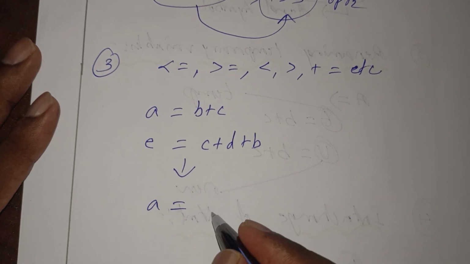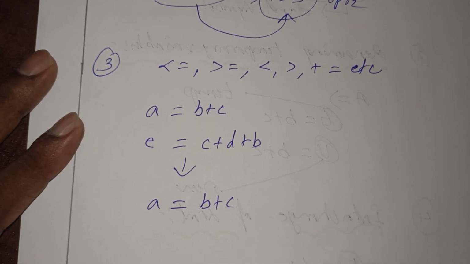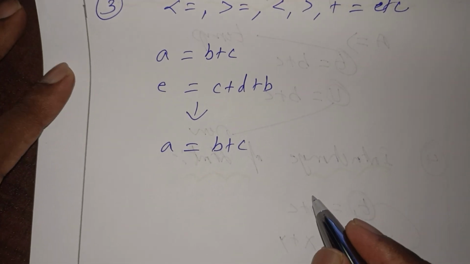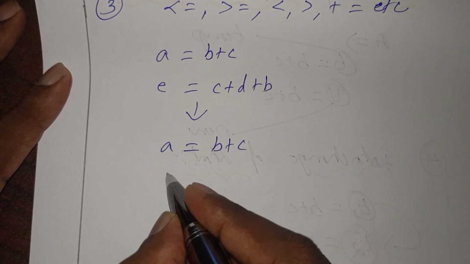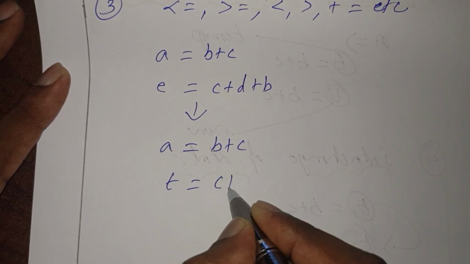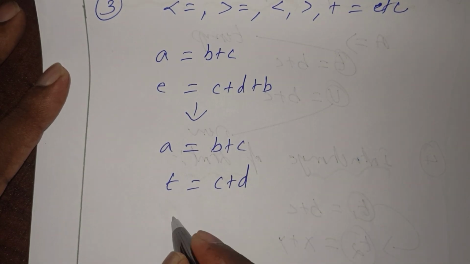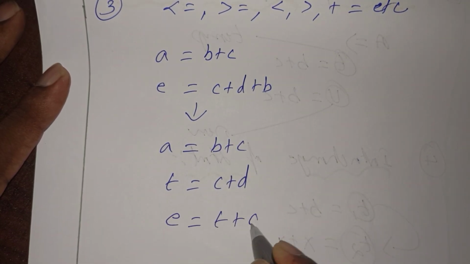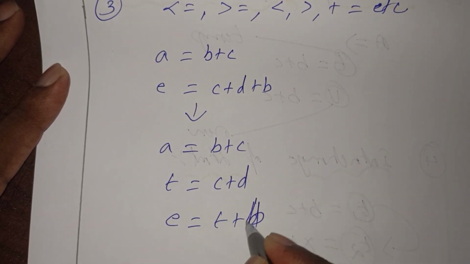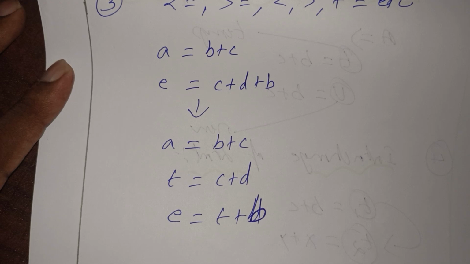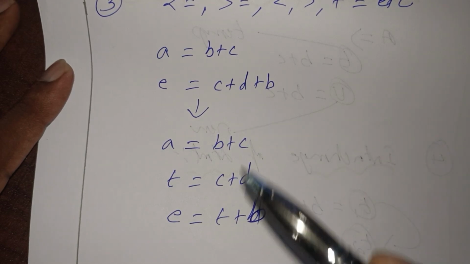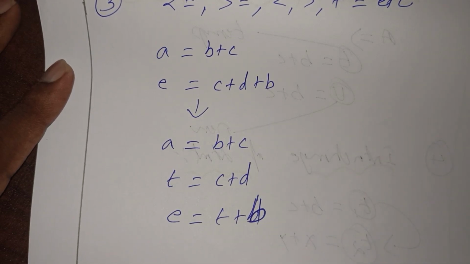A is equal to B plus C. Again, T is equal to C plus D. Then E is equal to T plus B. This makes a more simplified process than the previous one.